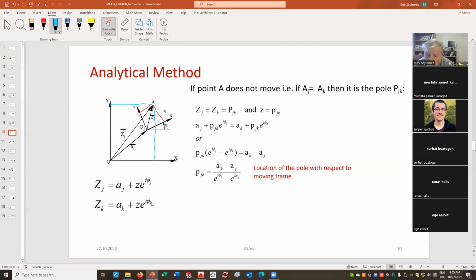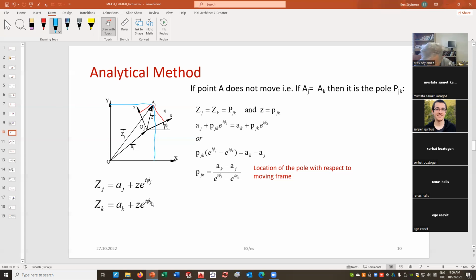Now, if I take any point on the moving frame, it's going to have a location A1 in the first position, A2 in the second position, B1, B2. There is only one point on the moving body whose location is the same for the first position and the second position, or for the jth position and the kth position.